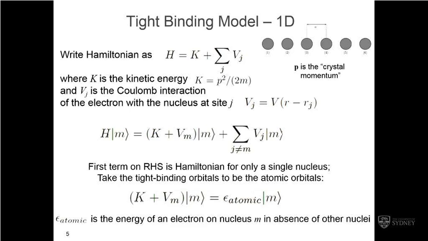So this here, we can just write as the energy levels of that atom. Remember we had that potential well, and we had the various eigenenergies? That's what these E atomic represent, just those levels from the single atom. So that's the first step.